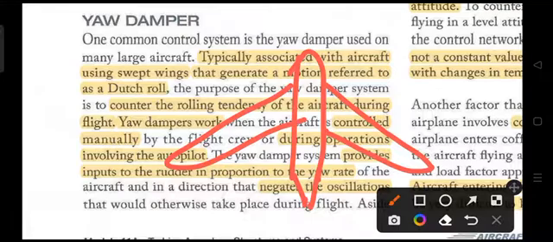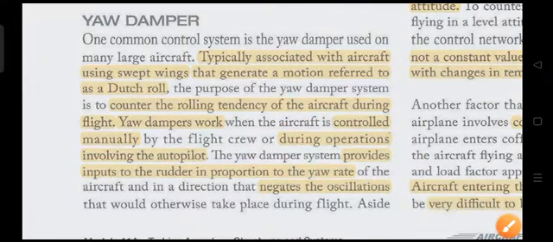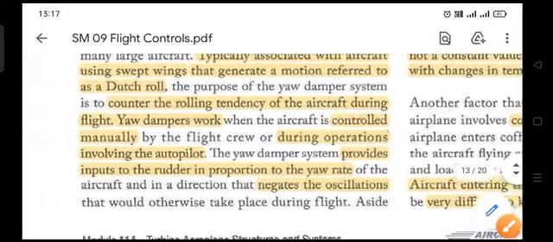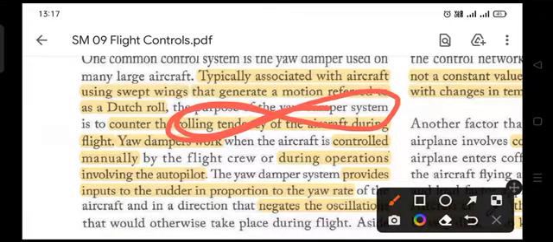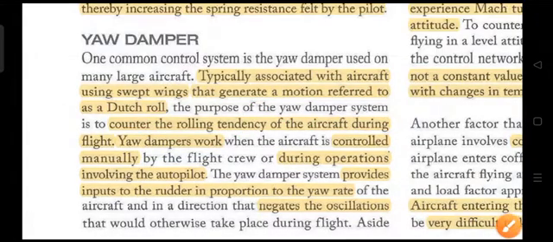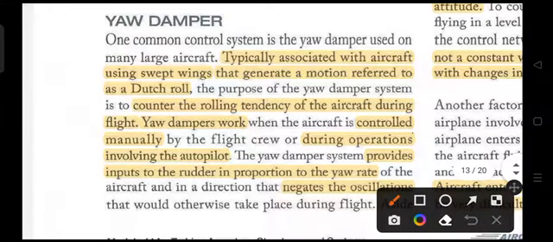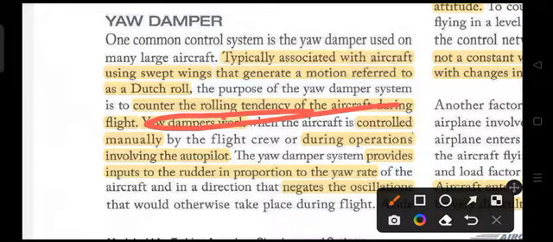Dutch roll is a sort of yawing as well as rolling, both will happen. The aircraft will be rotating like an 8. Let's say this is the wing of the aircraft and this is the fuselage.